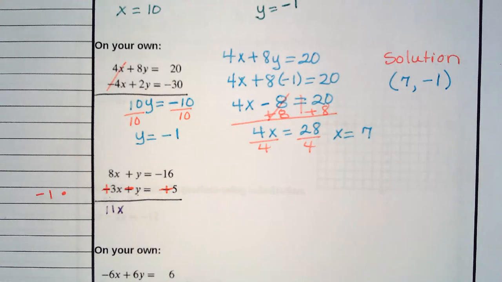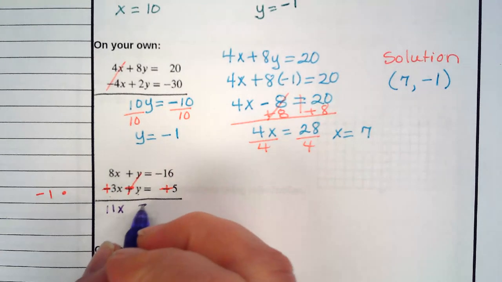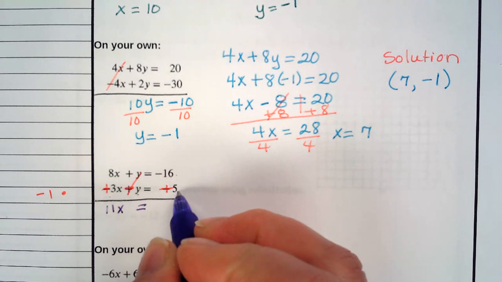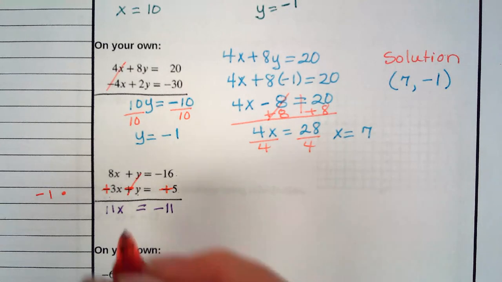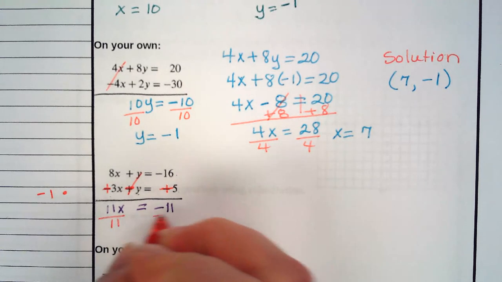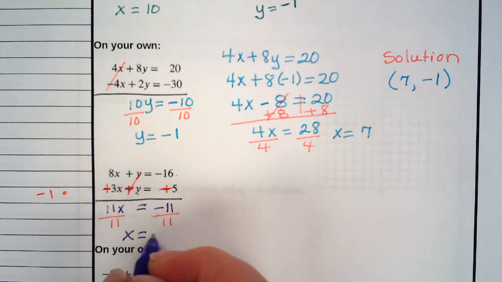My y's are eliminated. Is equal to negative 16 plus 5 is negative 11. Divide both sides by 11, and x is equal to negative 1.